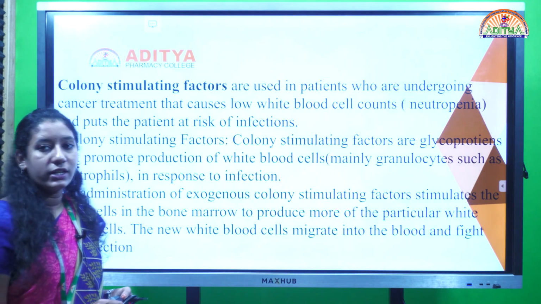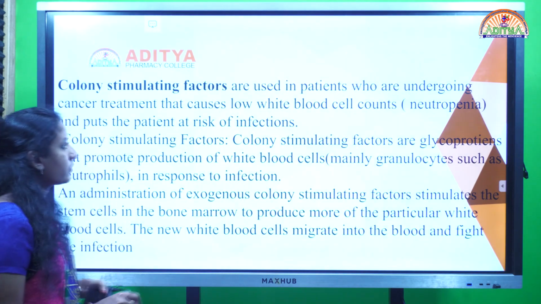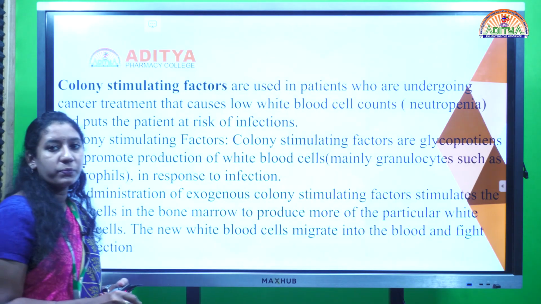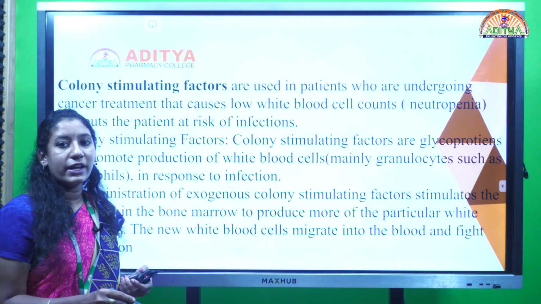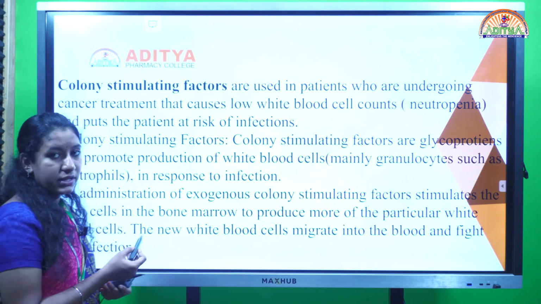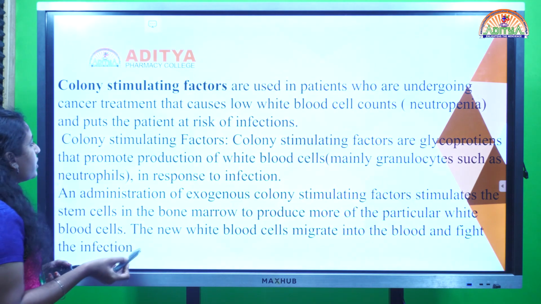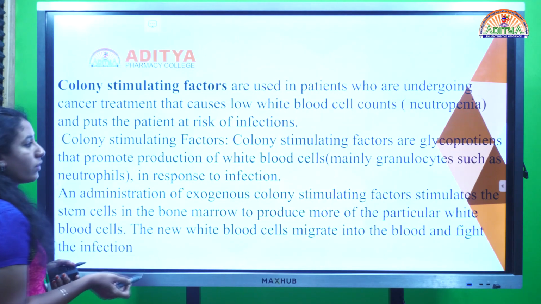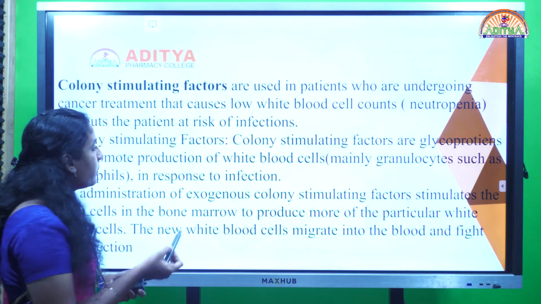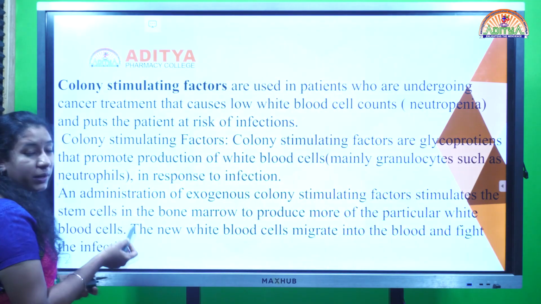So the last one is colony stimulating factor. These colony stimulating factors will be given to patients in whom the white blood cell count is very low, that means in conditions of neutropenia. So what is this colony stimulating factor and what is it used for? These are glycoproteins that lead to the production of WBCs.